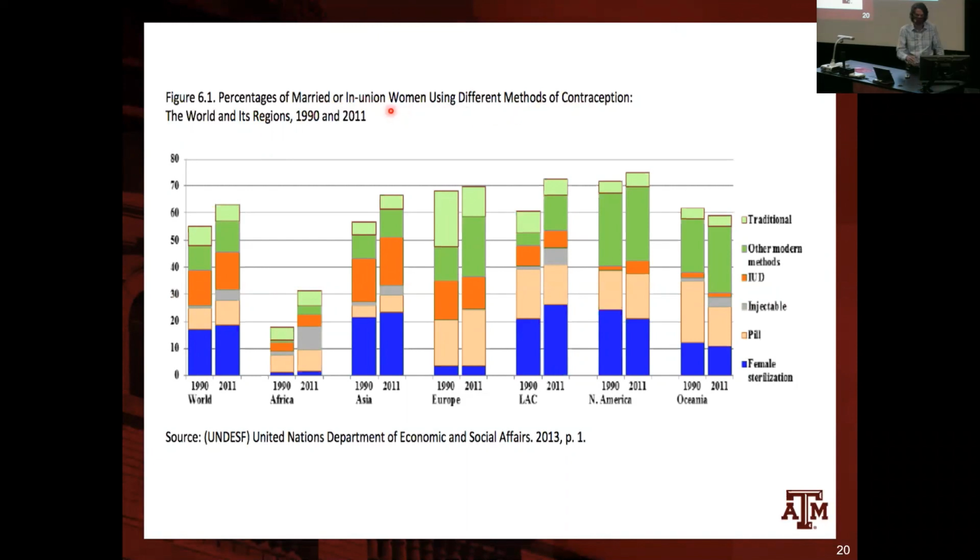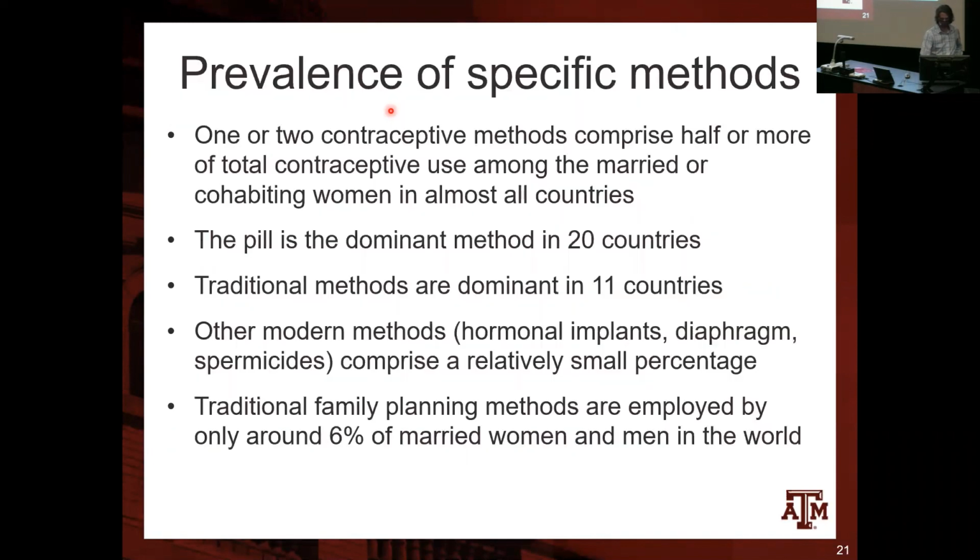Married or cohabiting women. One or two contraceptive methods comprise half or more of total contraceptive use among married or cohabiting women in almost all countries. The pill is the dominant method in 20 countries. Traditional methods are dominant in 11 countries. And other modern methods comprise a relatively small percentage.